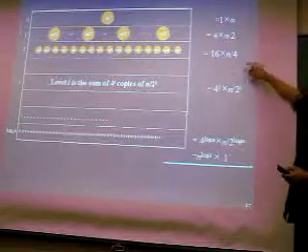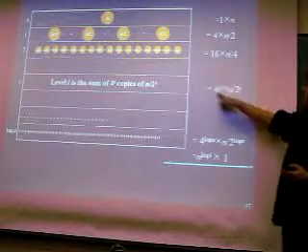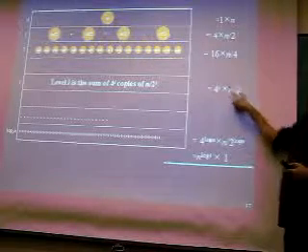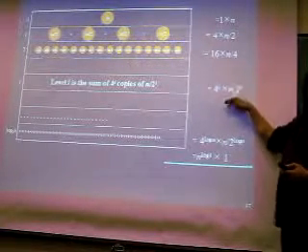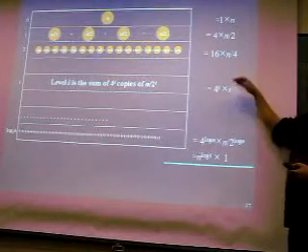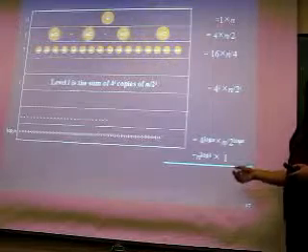So if you compare this term with the next one, this is going up by a factor of 4, but it's going down by a factor of 2. So overall, it's going up by a factor of 2. They're changing by a factor of 2 each time, and so it's a geometric sum.